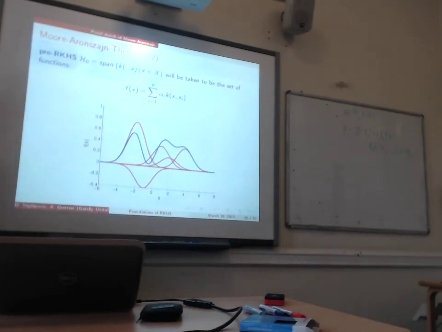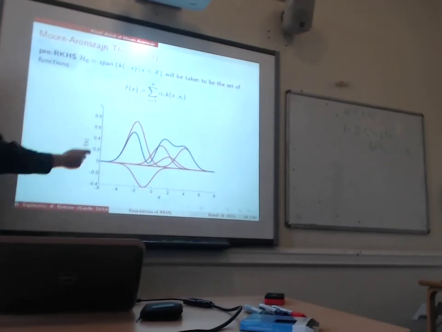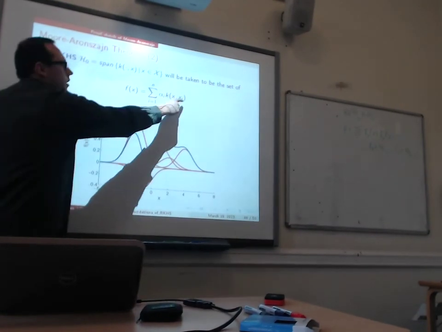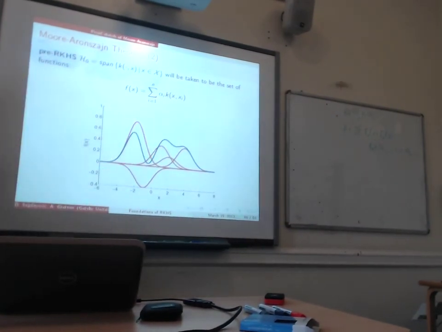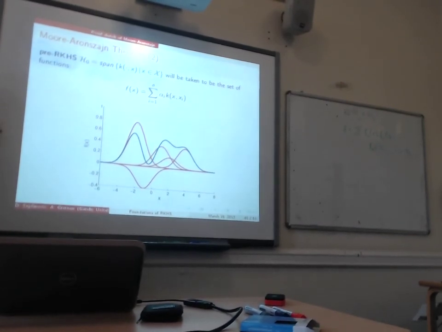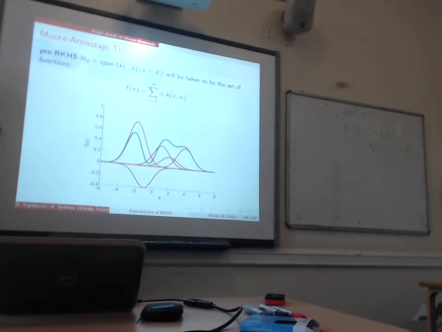This is a valid pre-RKHS. You just take a span, like we've seen in the example of non-closed spaces, just the set of finite linear combinations of functions from here. So all the functions are of the following form: just sums of Gaussian bumps if you have a Gaussian kernel. You consider that space of functions. That's not even a Hilbert space yet.